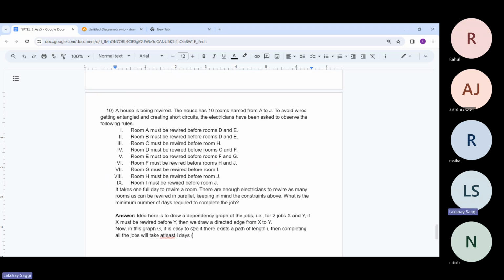And why is this the case? This is because every job on the path will take one length and there are I jobs on the path. Maybe I should write: there exists a path containing I vertices.